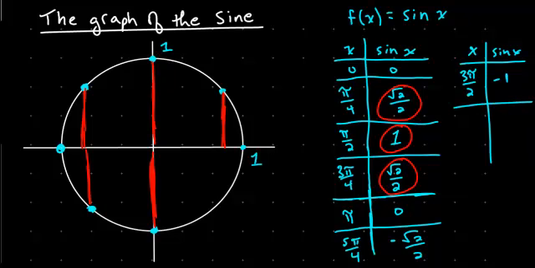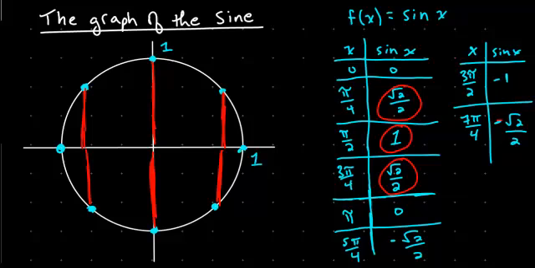Okay? And so let's go around to here. That's at 1, 2, 3, 4, 5, 6, 7 pi over 4. And the height is going to be this distance here, and that's going to be negative root 2 over 2.